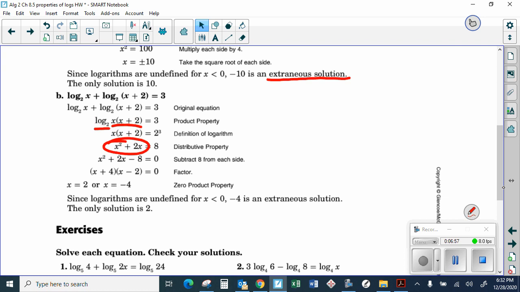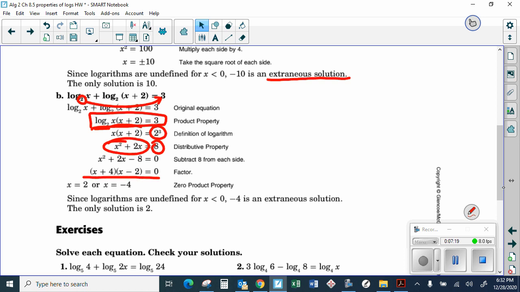Oh no, they did 2 steps here that I didn't show you. They changed it to exponential form. Remember, 2 cubed is 8. So they did that right there, changing it from logarithmic form to exponential. And now I have a quadratic, so I set it equal to 0 and solve.